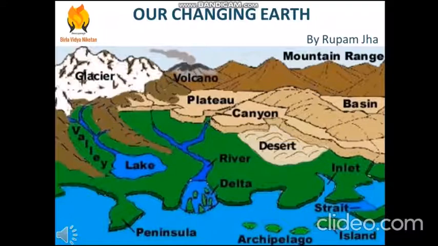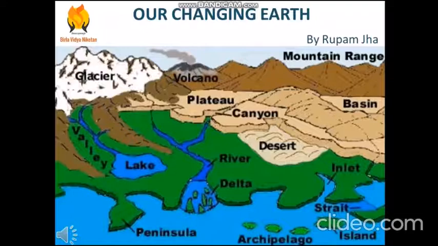Now, the forces which act in the interior of the earth are called endogenic forces. These forces sometimes produce sudden movements, and at other times they produce slow movements. So, there are two types of endogenic movements as well: sudden and slow.